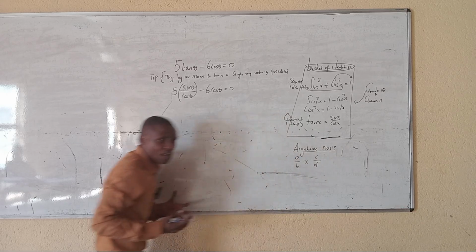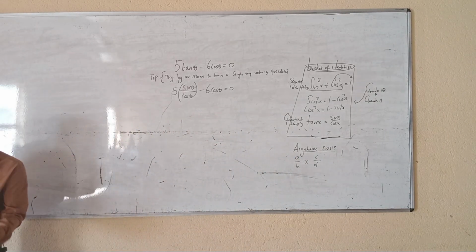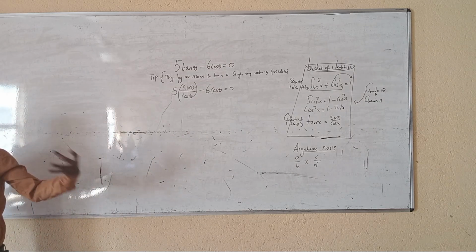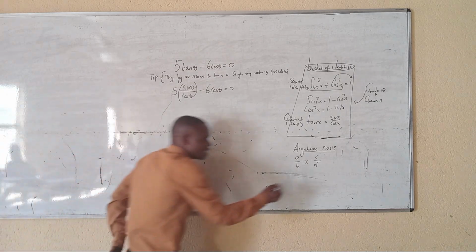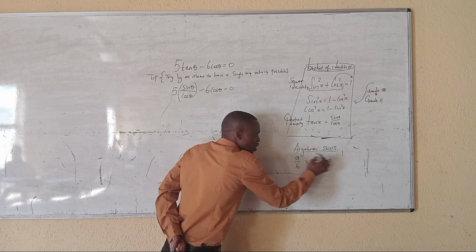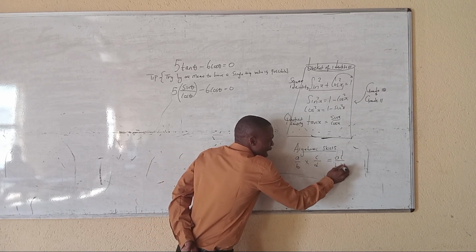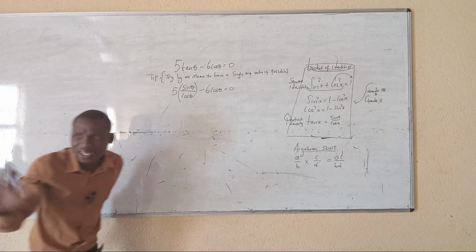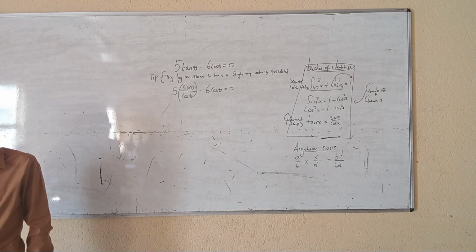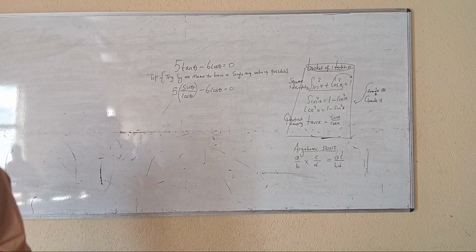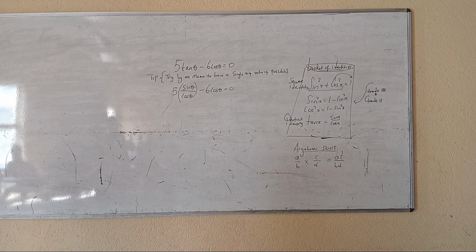A over B times C over D becomes AC over BD. Multiplying two fractions is the simplest thing that you can do in maths. You just multiply the numerators together and multiply the denominators together.